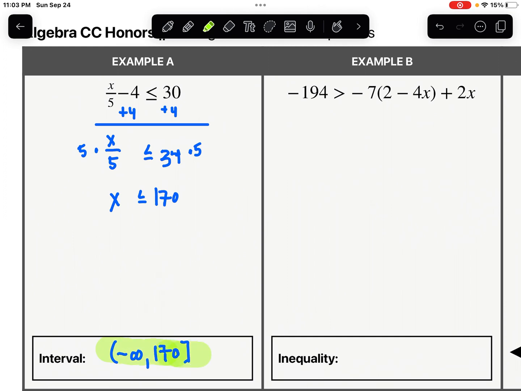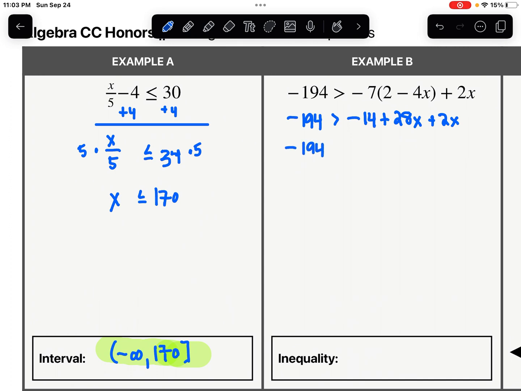All right, check out example B. So we have another simple inequality here because we only have a variable in one location. It's not an or statement or an and statement. So I'm going to use the distributive property here to get us started. So negative 14 plus 28x plus 2x. Now I can combine my like terms.